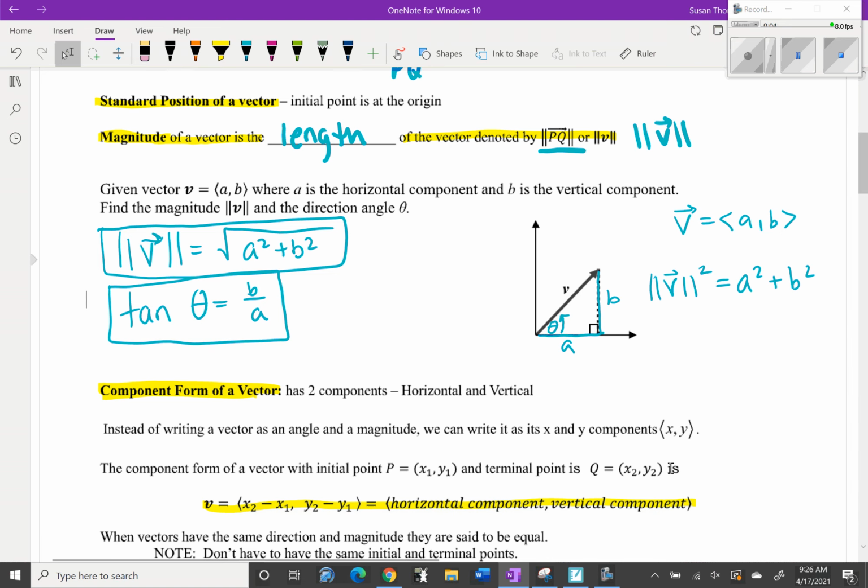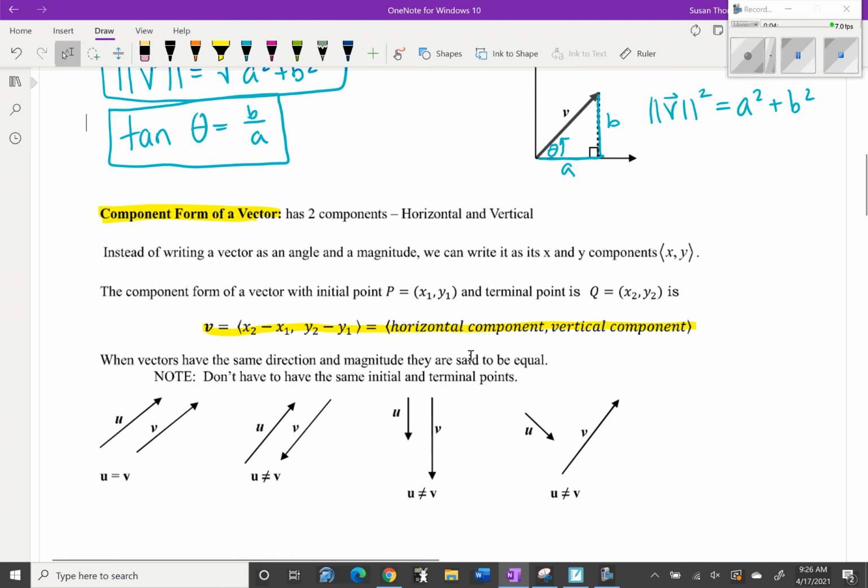So instead of writing a vector as an angle and a magnitude, we can write it as its x and y components, just like we did in the last problem with a and b. So component here for x would be horizontal and y would be the vertical.